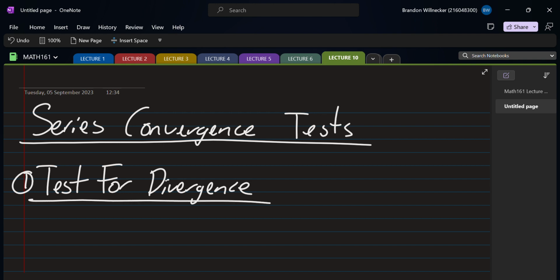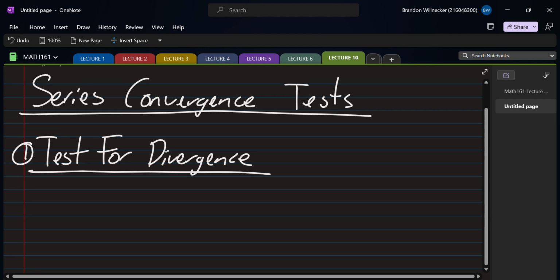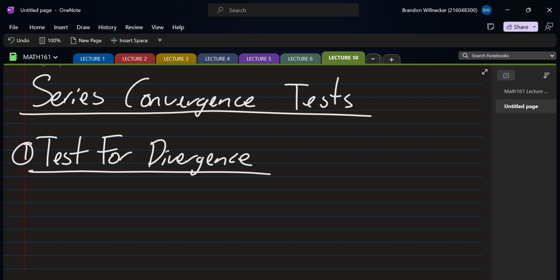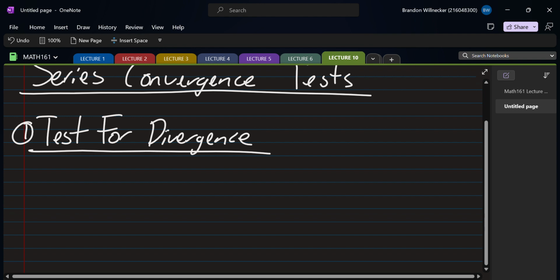That's the name. Please, when you are doing your assessments, put the name of the test that you're using so I can see what you're doing. Some of them have quite similar working, so I do need to know which method you're using. Just put the name down and then you can put your working and I can see what you're trying to do.